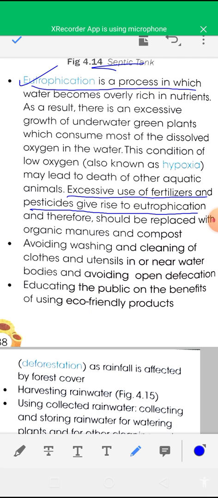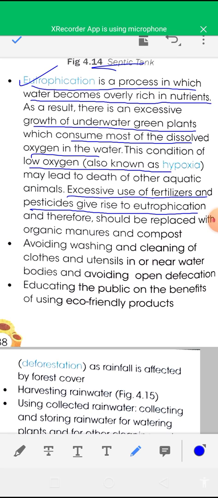Eutrophication is a process in which water becomes overly rich in nutrients. As a result, there is excessive growth of underwater green plants which consume most of the dissolved oxygen in water, and this condition of low oxygen in water is known as hypoxia. Hypoxia is the consequence of eutrophication.